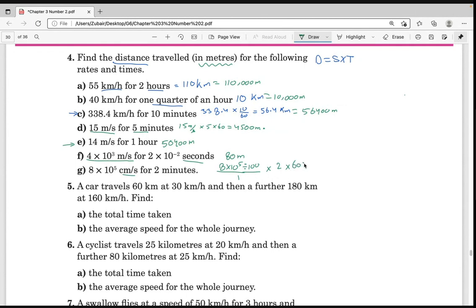So second will cancel out with second and I'm left with meters only. So 8 into 10 raised to power 5 divided by 100 times 2 times 60 gives me 960,000 meters.